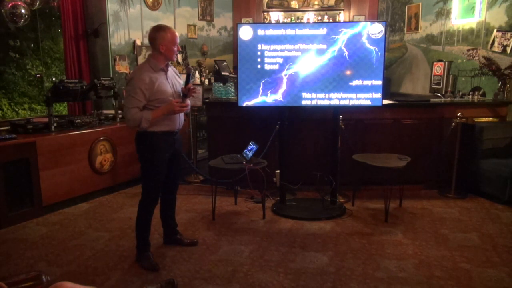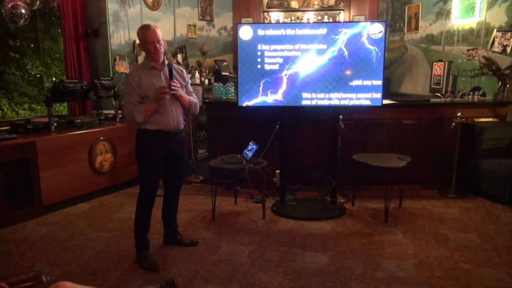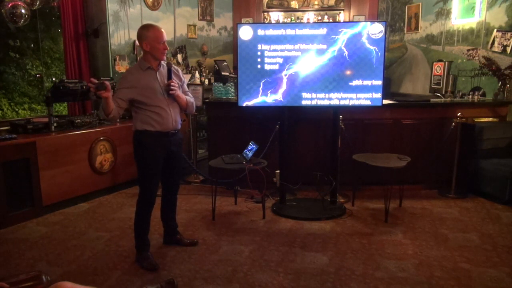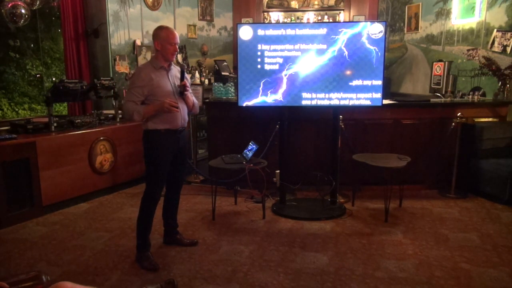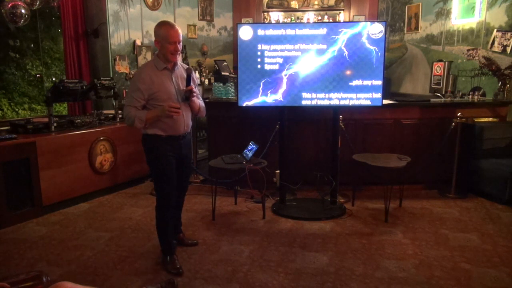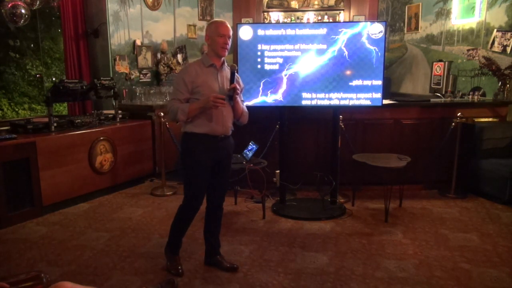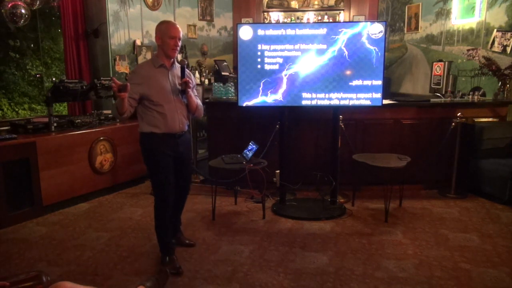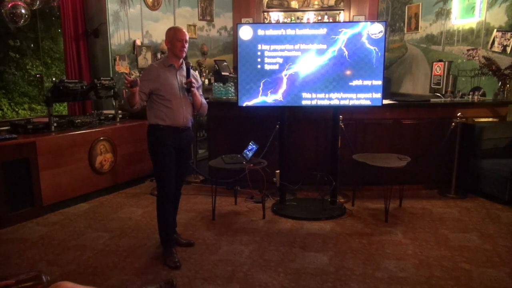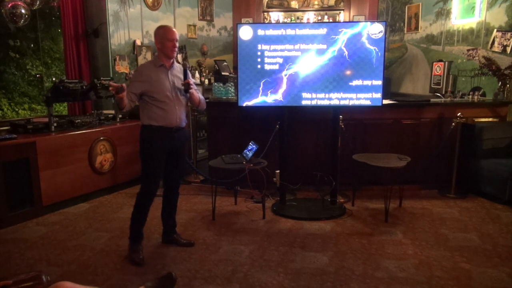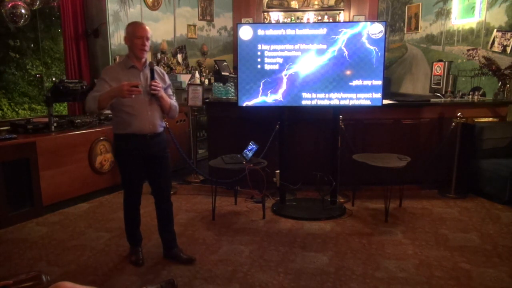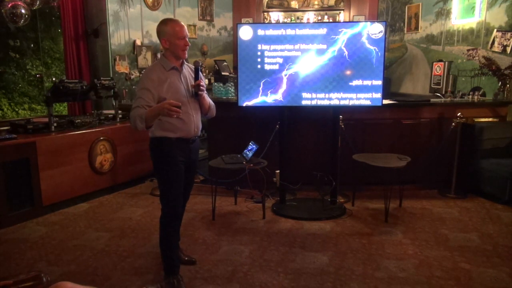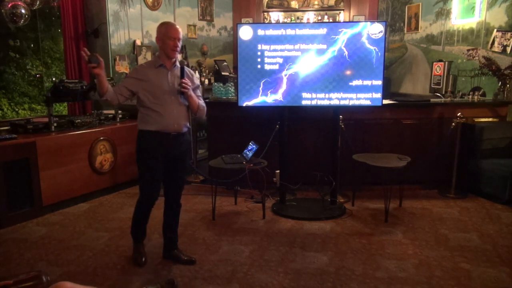Some of the advocates of the fork that split off, the various cash forks, said, look, we don't need anything else. A simple way to make things transact faster is to make blocks bigger. We've got all the same technology, hardware, bandwidth, processing power, that all scales. That's going to be fine.